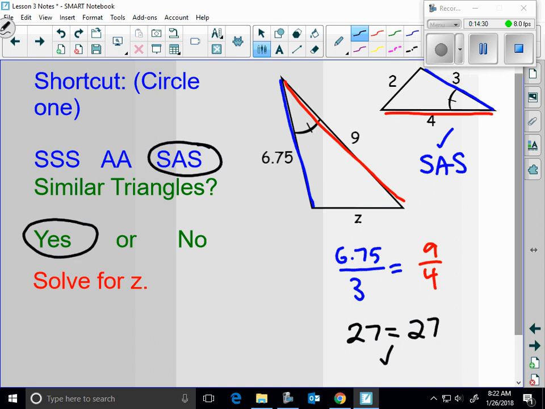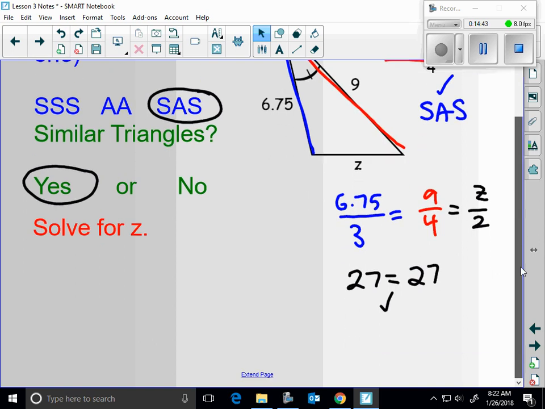Let's solve for z. My proportion for z would be z over 2. I'd throw that into that triple proportion. Don't be the kid that tic-tac-toes this thing. Someone is going to do this. I think I showed you this yesterday. Someone will do this: 3 times 9 times z equals z times 4 times 6.75.